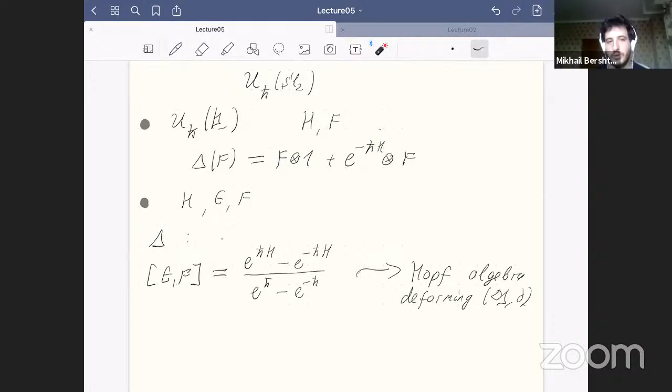You can say that this is a free algebra generated by H, E, and F, quotient by these relations and the relations between H and E and H and F, which we had.